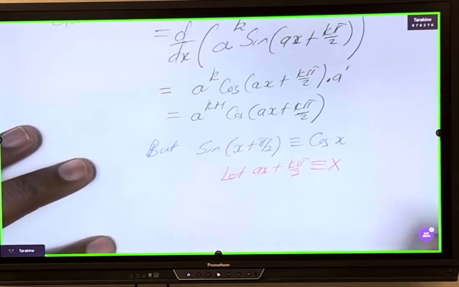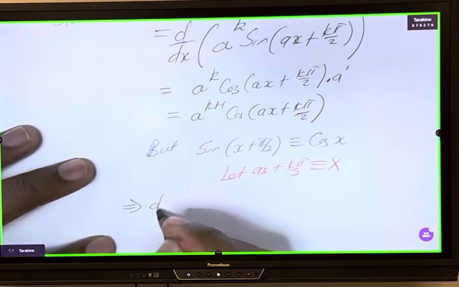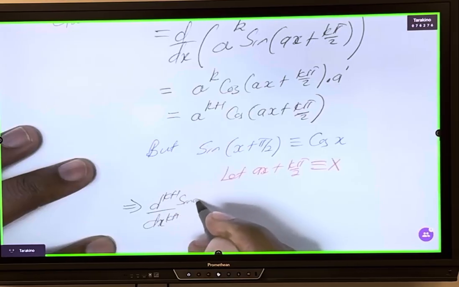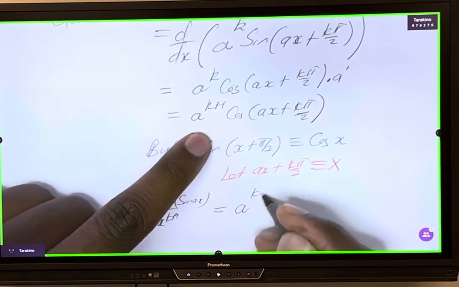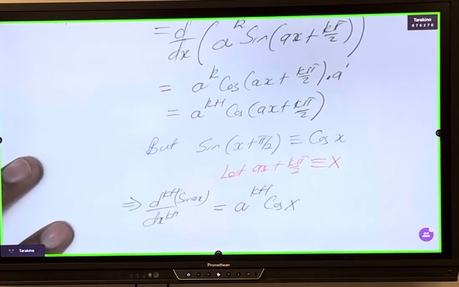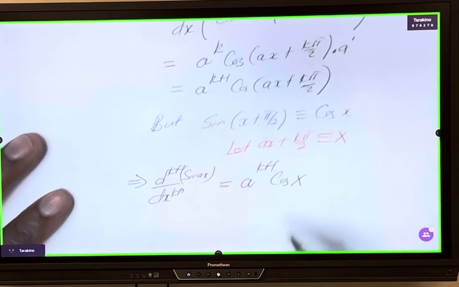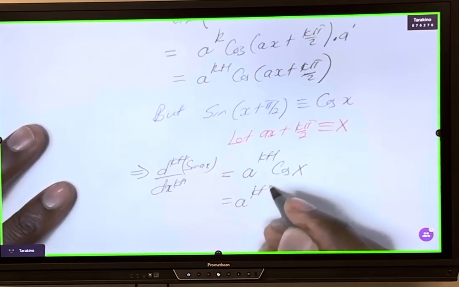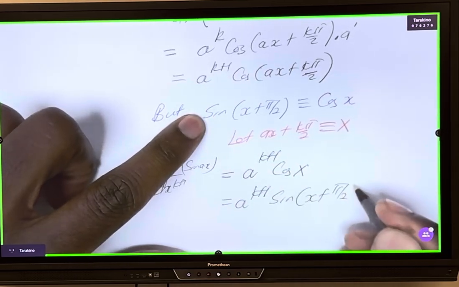So this implies that my k plus 1 derivative here simplifies to a to the k plus 1, then cosine of x, right? But you know this cosine of x is equal to that, which is the same as this. So it's now a to the k plus 1, then sine x plus pi over 2.